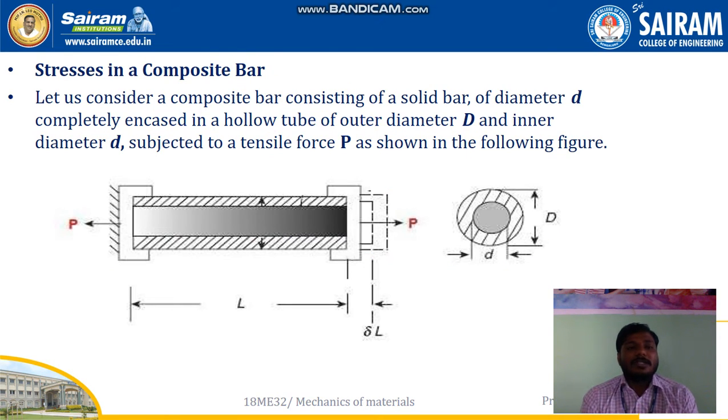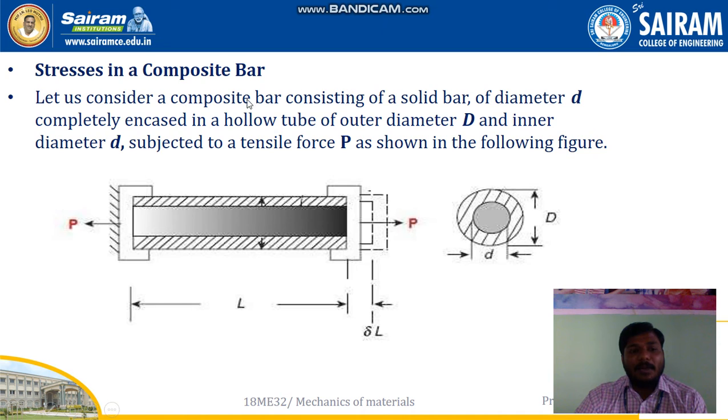Now, stresses in a composite bar. First we are going to see the diagram. Let us consider a composite bar consisting of a solid bar of diameter small d. You can see this portion, the smaller solid diameter, indicated with a small d.